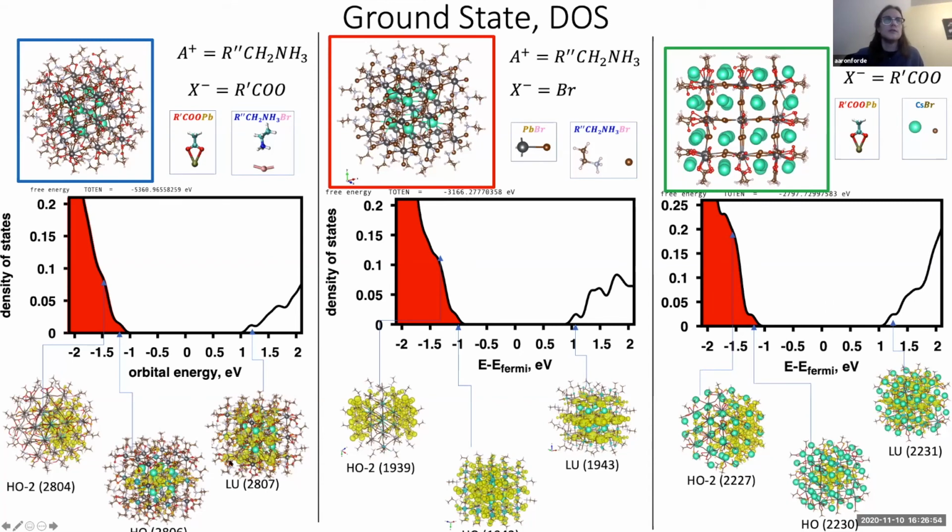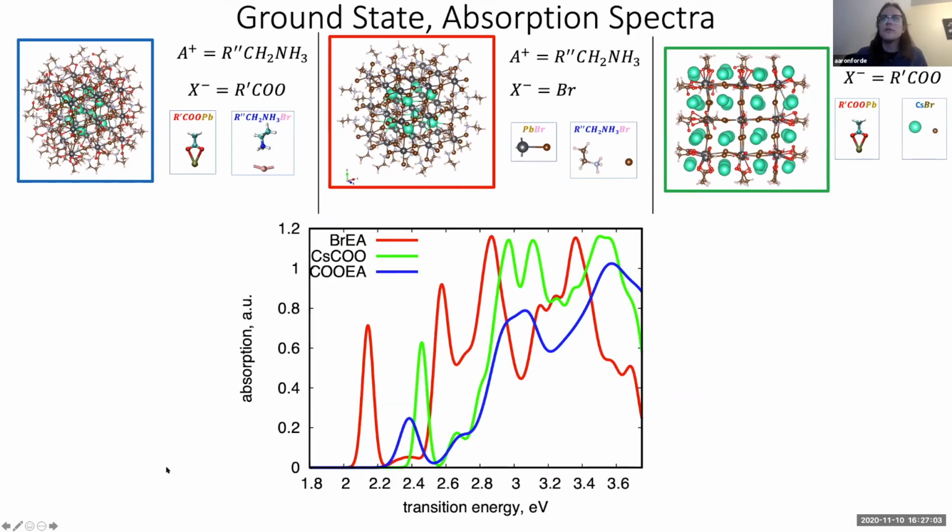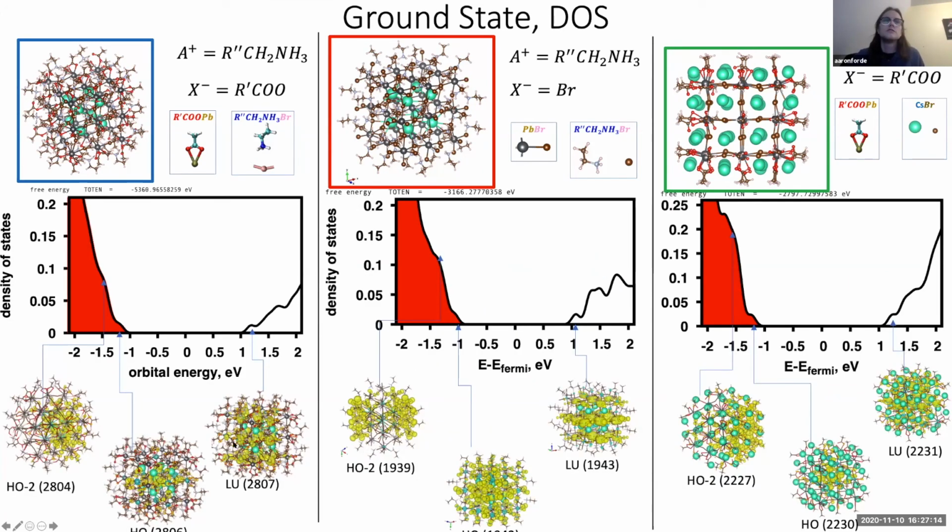The HOMO to LUMO transitions look healthy. The HOMOs look like, imagine if you put a particle in a box, and then the LUMOs look like a charge that's delocalized over the entire box as well. So their electronic structures look good.